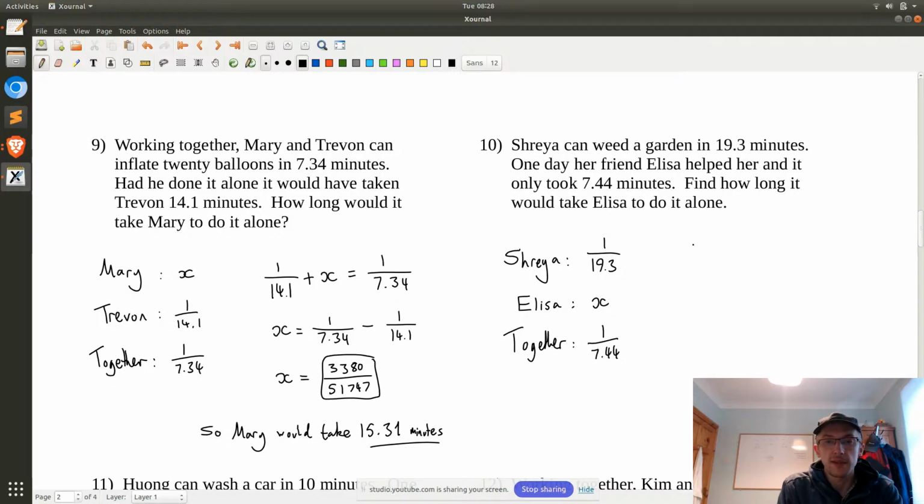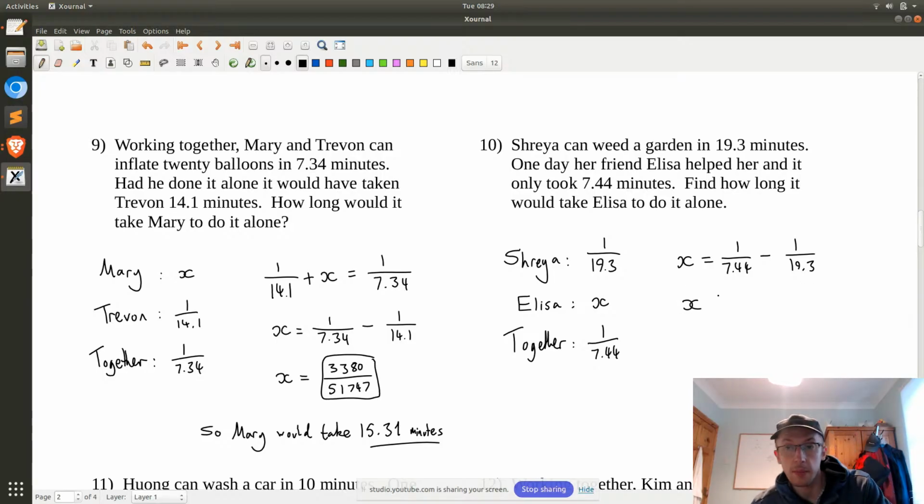It's very much the same. x is just going to be 1 over 7.44, take away 1 over 19.3. And that will be a massive fraction.